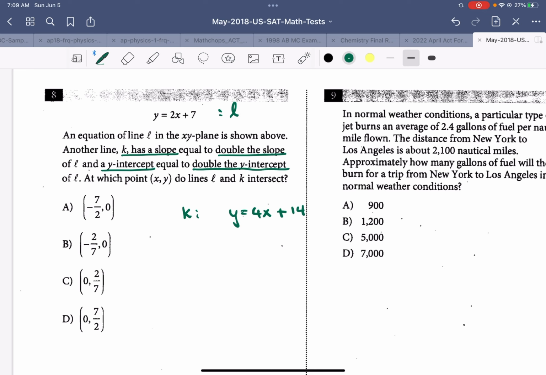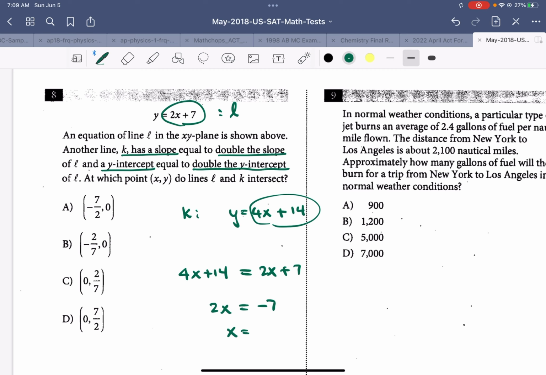And the question is, at which point do line L and K intersect? So they ask you, what is the intersection of two lines? So you set them equal to each other. So 4x plus 14 is equal to 2x plus 7. If you collect like terms, 2x equals negative 7.